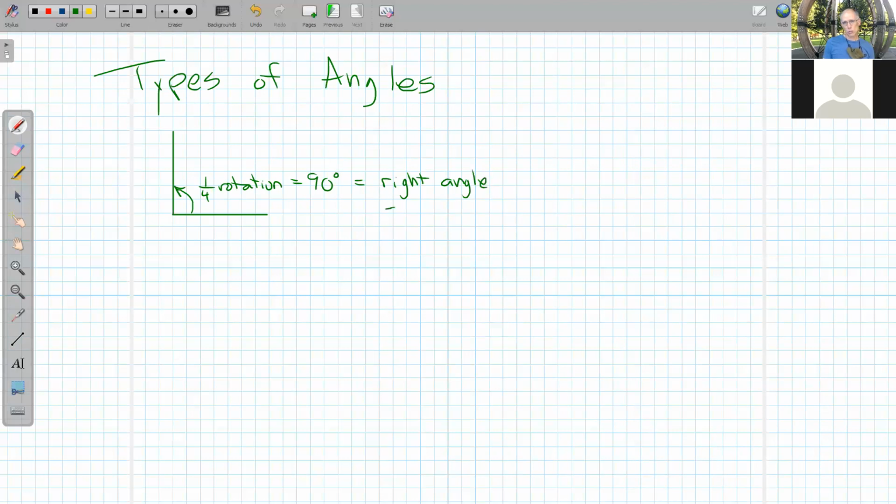Sometimes it's referred to as a square angle. So right angle just means 90 degrees.